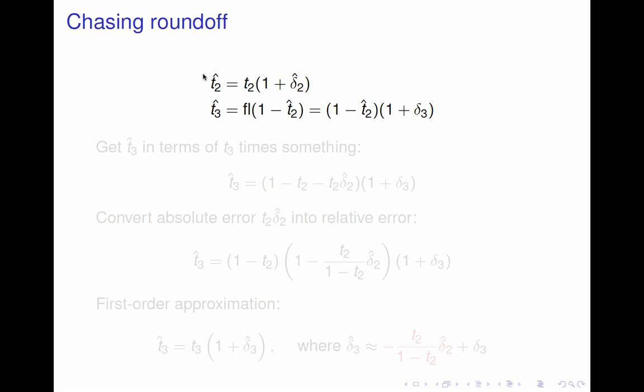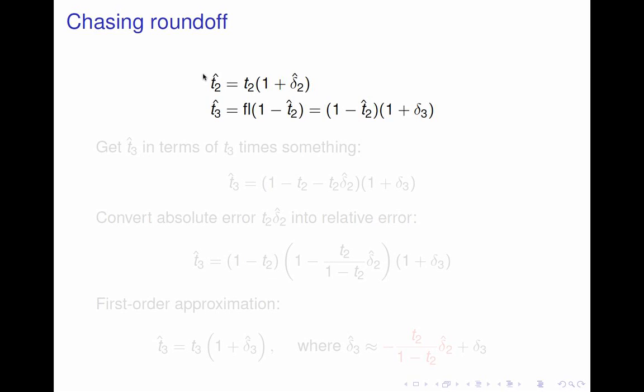So now let's see how the error propagates through in the next step. So t2 hat is the true value t2 times (1 plus delta 2 hat), which is about 1.5 machine epsilon. And t3 hat is going to be the floating point value of 1 minus t2 hat. So that's (1 minus t2 hat) times some additional relative error term, so 1 plus delta 3. Okay? Now we want to again get t3 hat in terms of the true t3, right?